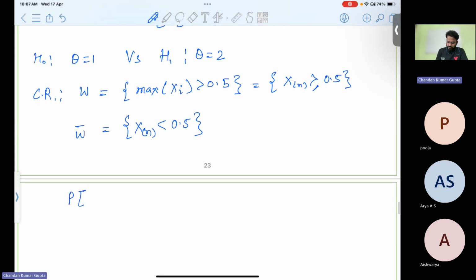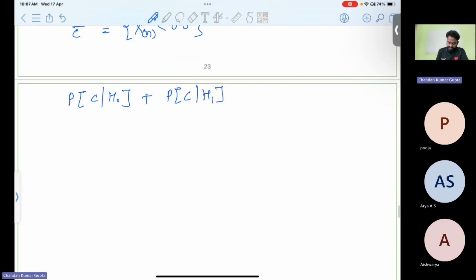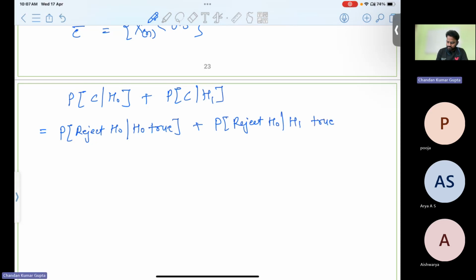Now we need to calculate that probability of, actually it is C, in the question it is C. So probability of C under H0 plus probability of C under H1. We need to calculate this. Step by step: reject H0 when H0 is true, plus reject H0 when H1 is true.